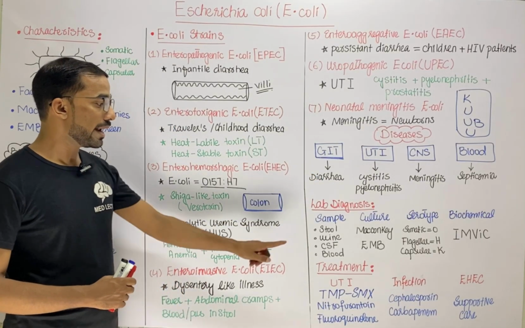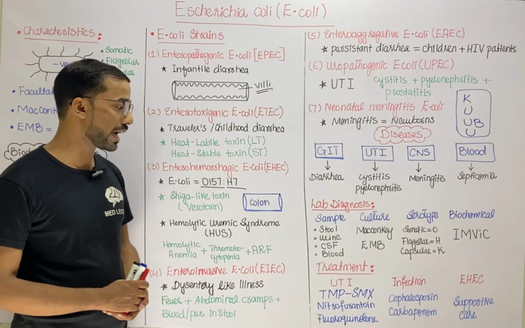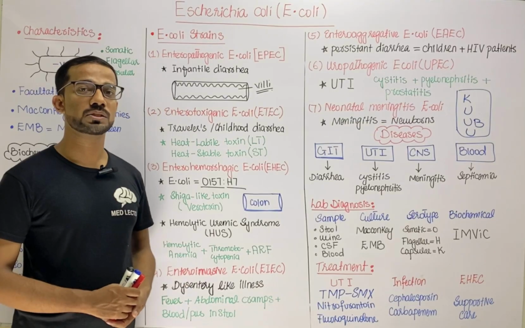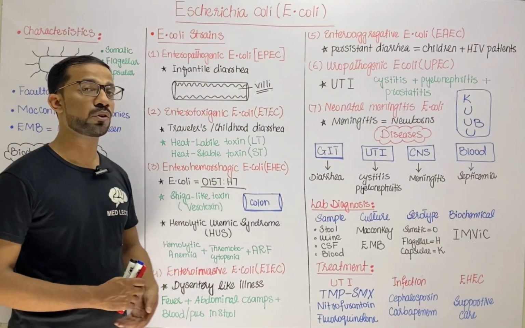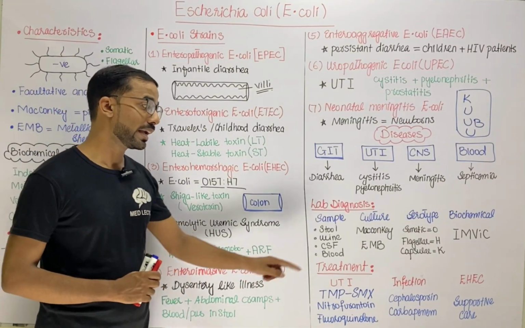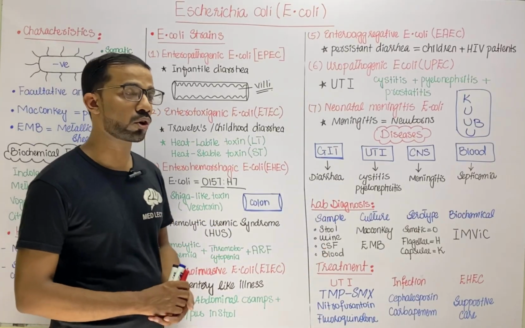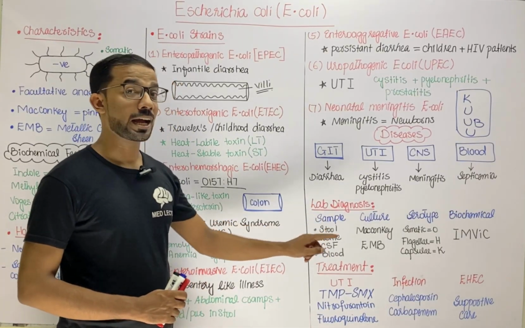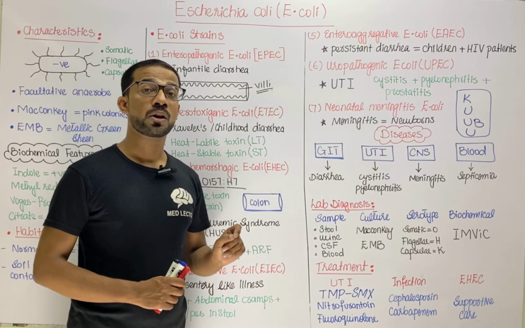In the treatment of uncomplicated UTI, what type of antibiotics? Trimethoprim-sulfamethoxazole, nitrofurantoin, and fluoroquinolones. That is the important thing. In case of severe infections, you can also go toward cephalosporins and carbapenems. But the important thing is enterohemorrhagic E. coli.